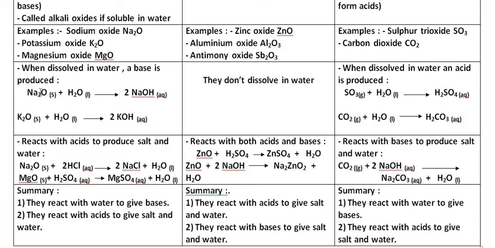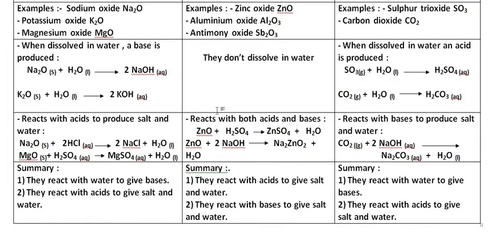A basic oxide means an oxide which reacts with water to give a base. This is another example, then this is another example. Also, a basic oxide reacts with the opposite, the acid, to form salt and water, while the acidic oxide reacts with the opposite, which is a base, to form salt and water.